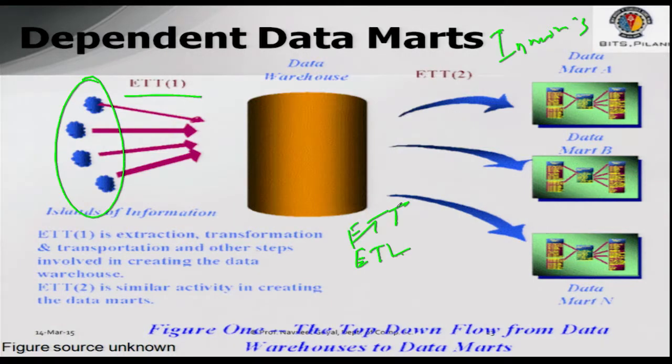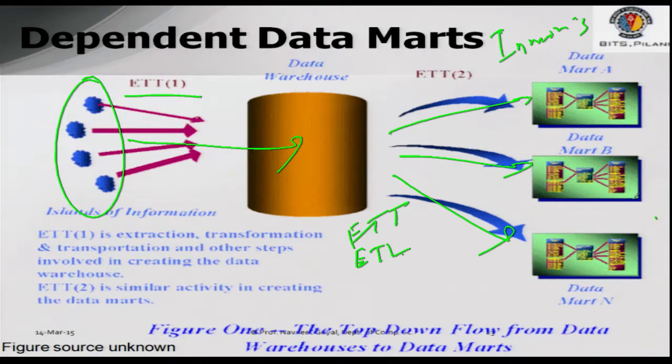So from the source systems, I apply ETT or ETL and put it in the data warehouse, okay, and then from the data warehouse I have to again do some kind of extraction, okay, to pull out data that is specific to a business process or a department, and then I put it in these data marts, okay. So this is Inmon's approach.